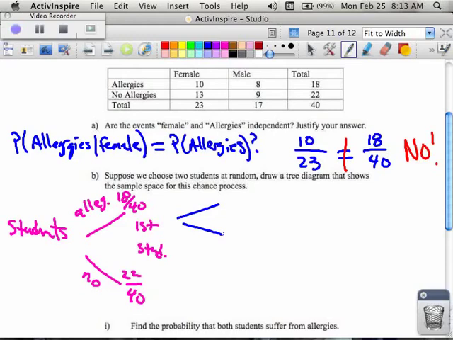So instead of being 18 out of 40 for the chance of having allergies, it would be 17 out of 39, which means there is a 22 out of 39 chance that they wouldn't have it. And this is the second student.